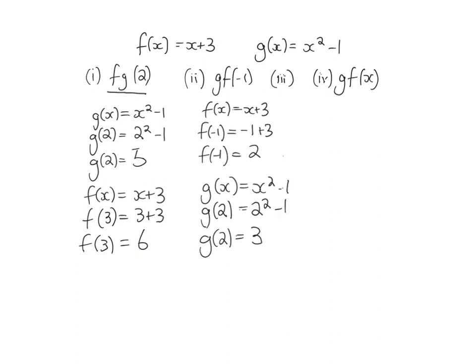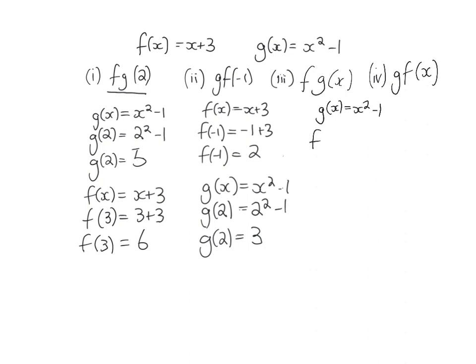Now the final type we would have is sometimes instead of using numbers they like to use letters. So the next one we have is f g x, so that means g before f of x. So we know that g of x is equal to x squared minus 1. We've got to leave it like that because that's what we have.